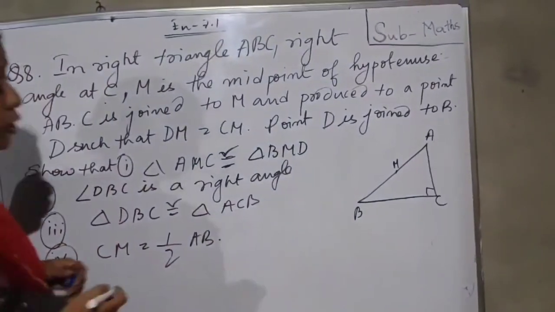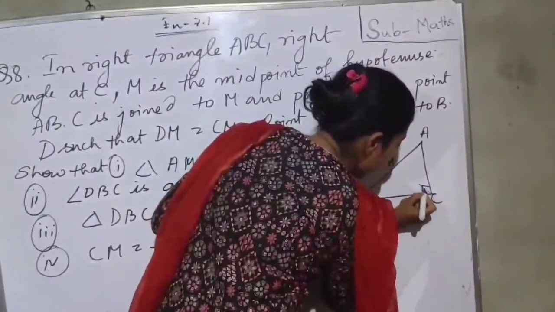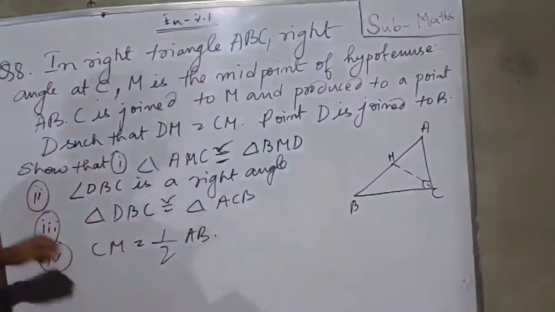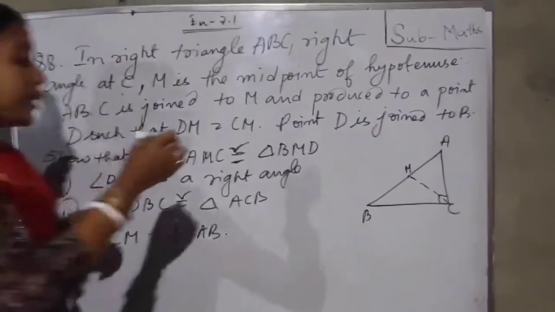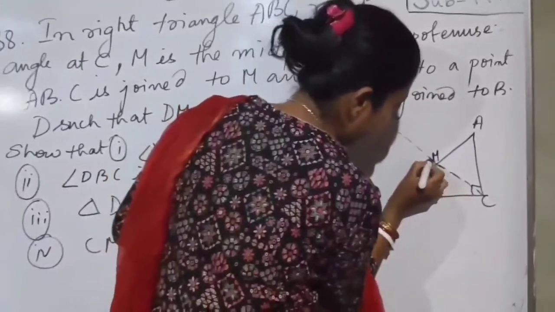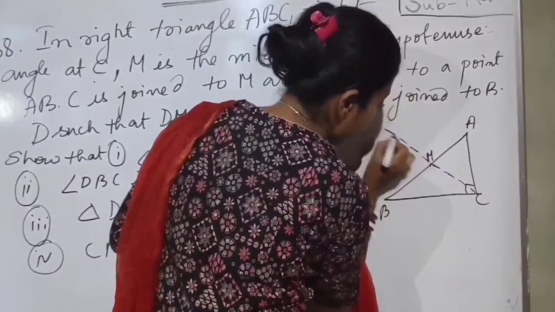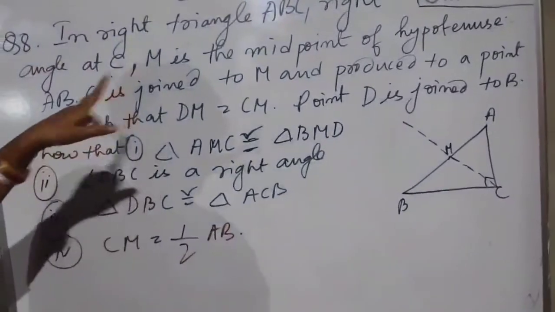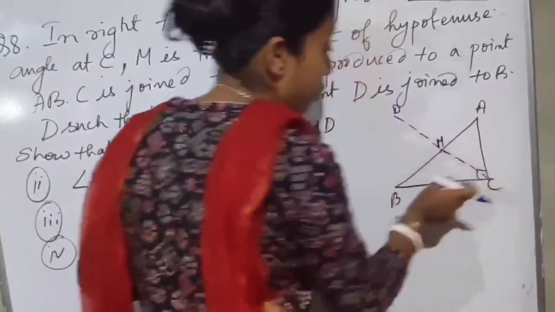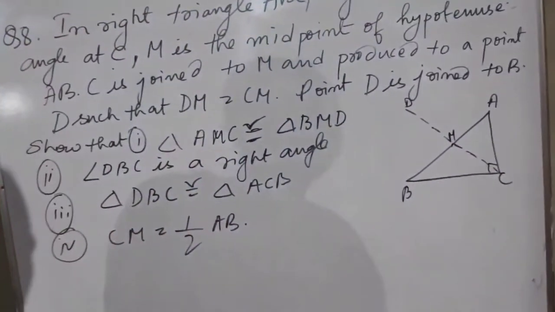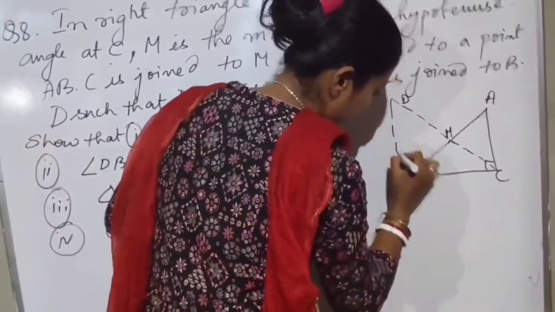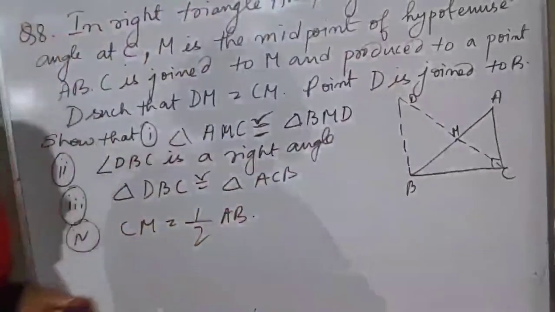So C is joined to M, and CM is produced to a point D such that DM will be equal to CM. Point D is joined to B.